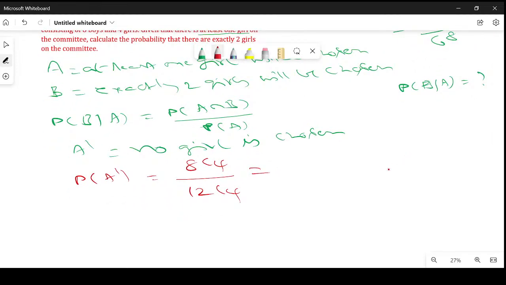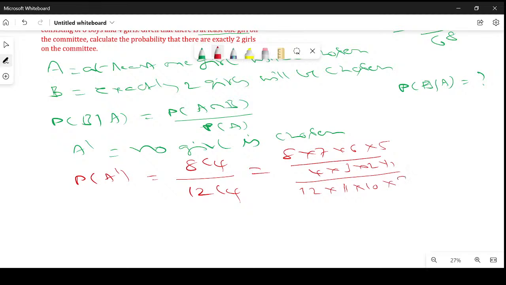I can write 8 into 7 into 6 into 5 by 4 into 3 into 2 into 1, and similarly 12 into 11 into 10 into 9 by 4 into 3 into 2 into 1.